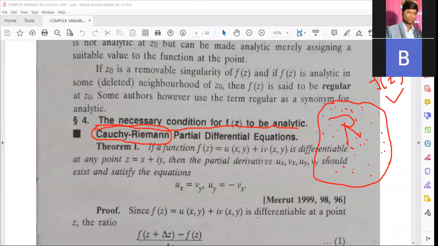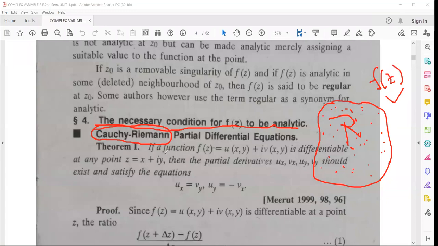Using that equation, you will be able to check whether the given function is analytic or not in a given particular region. So we'll discuss this in the next class.